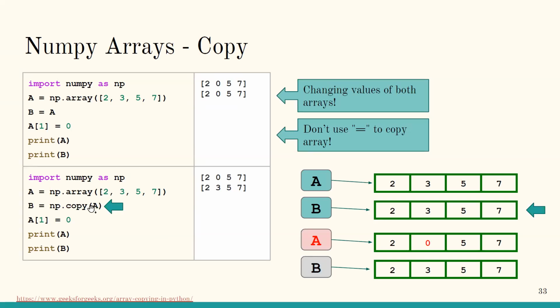So it turns out that the proper way to do this is to use the NumPy copy function. Copy the array value to B. And then when you change the value of A, that would be okay, right? You're just changing the value of A, 2057 here, and you're not changing the values for B because they are pointing to different locations.